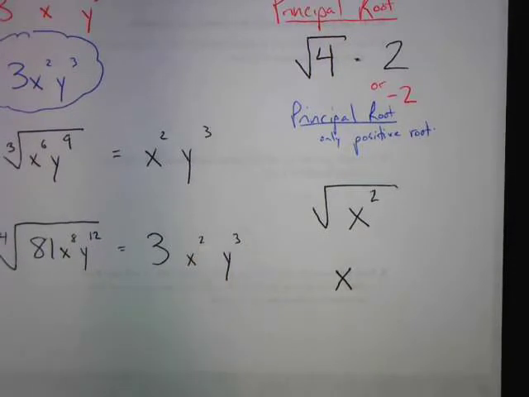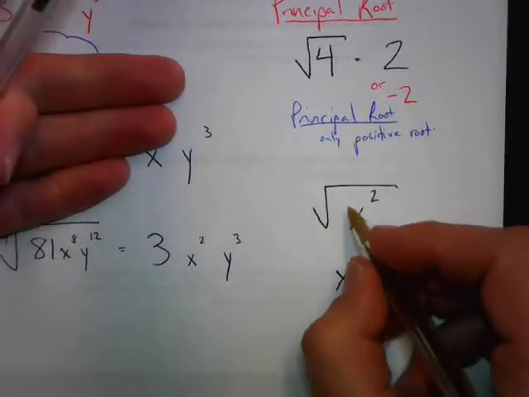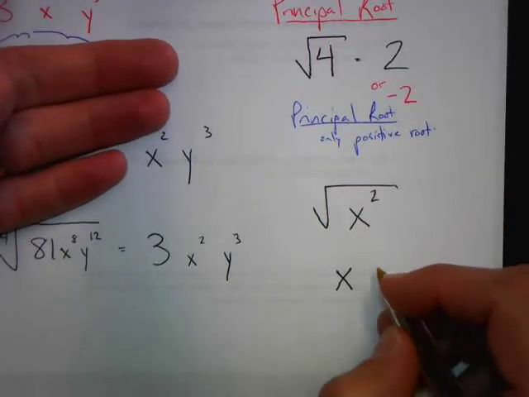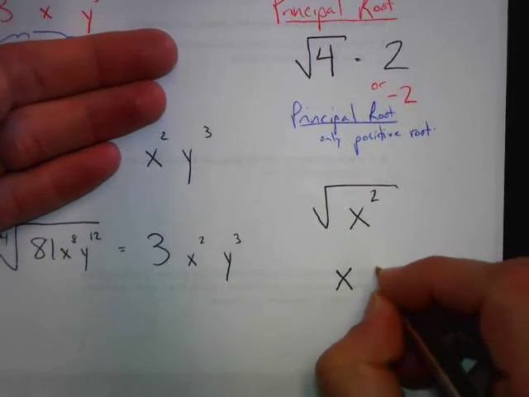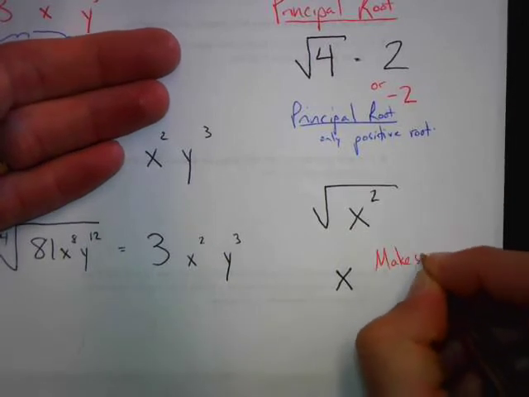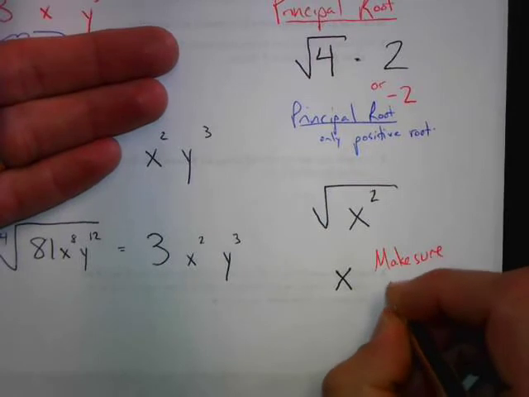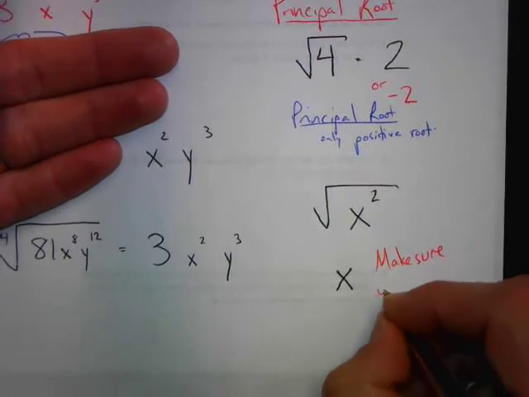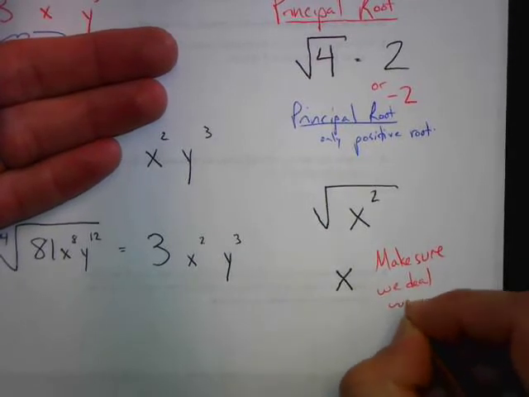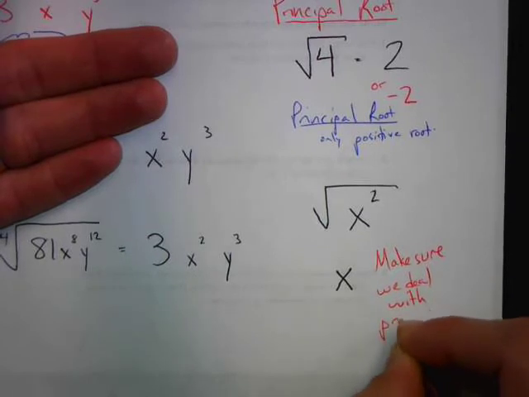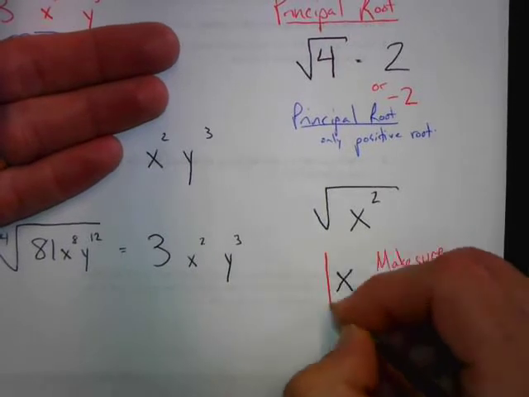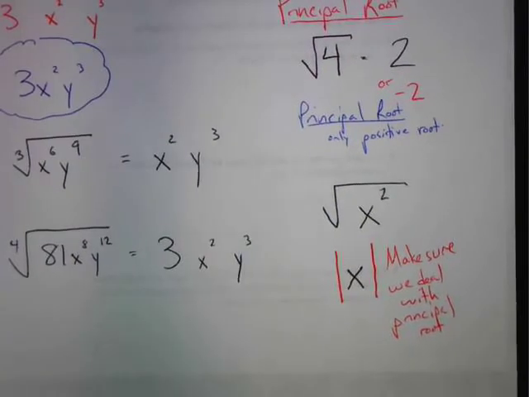So if the square root of x squared could be x or negative x, we're going to call it just good old x. So the square root of x squared is good old x, the principal root. To make sure we're always dealing with the principal root, we're going to use absolute value. It's the absolute value of x.